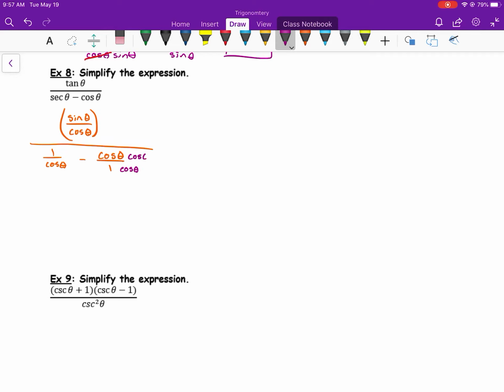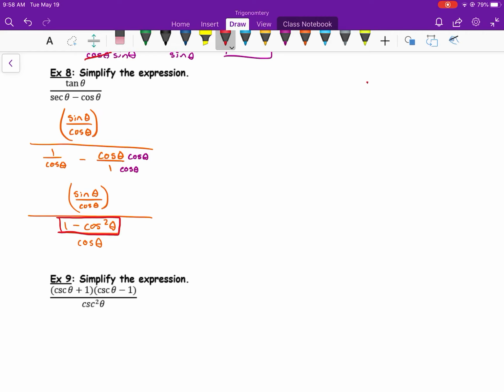I'll do cosine theta on the right, top and bottom. So that's the sine theta. Cosine theta on top stays for now. On bottom, we'll have 1 minus cosine squared theta over cosine of theta. And if you seem to catch a pattern here, there's a lot of Pythagorean identities.